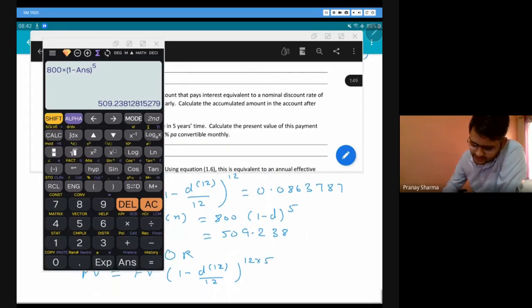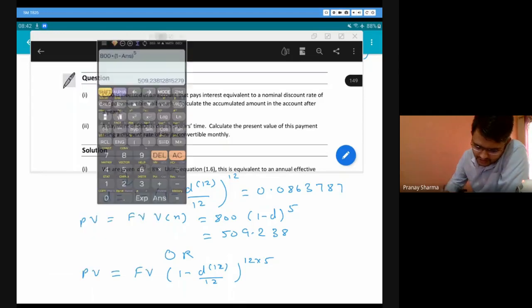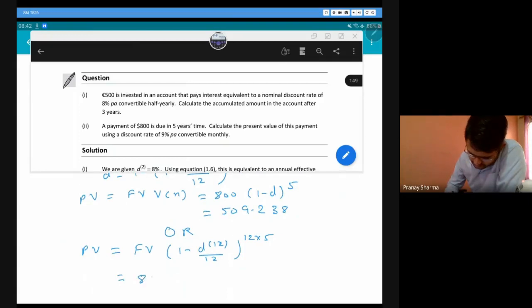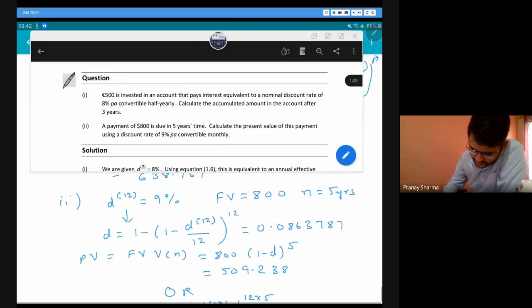So I'm just replacing 1 minus d with 1 minus d12 by 12 raised to 12, or 1 minus dp by p raised to p. d12 was 9%, right?